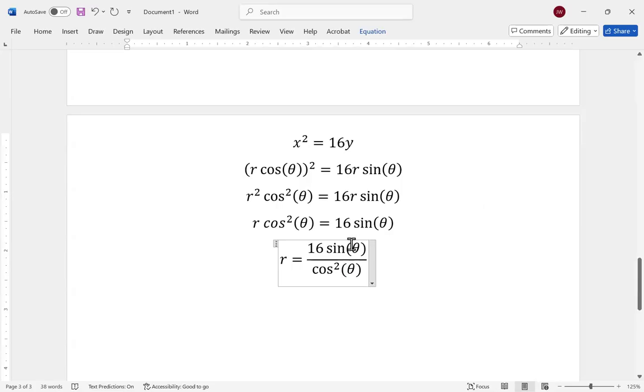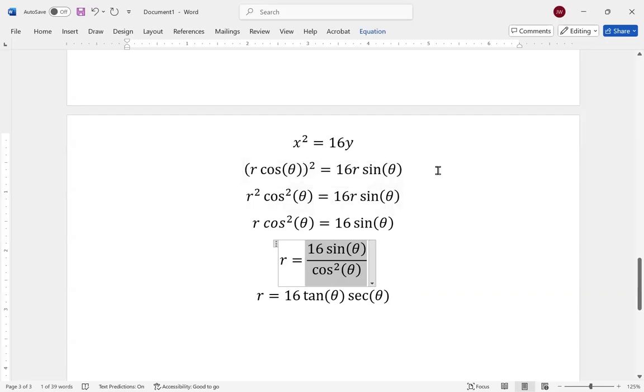You can think of sine over cosine to the first as tangent, and then 1 over cosine as secant. So another way to write this, if you wanted, is r equals 16 tangent of theta multiplied times secant of theta. Again, that's just some algebraic manipulation. Feel free to leave it this way as well.